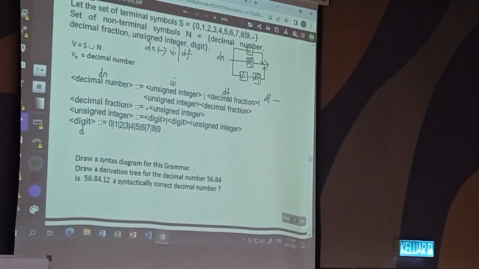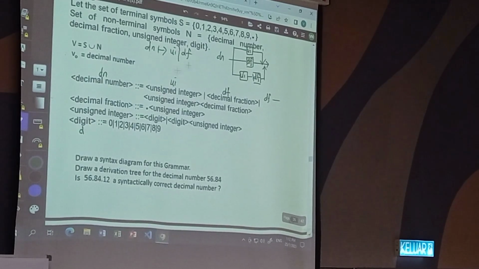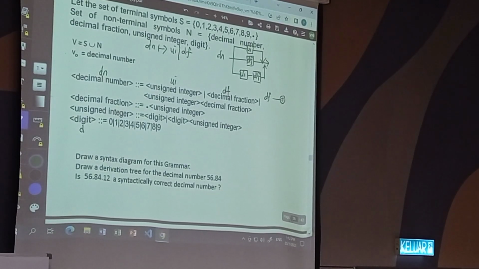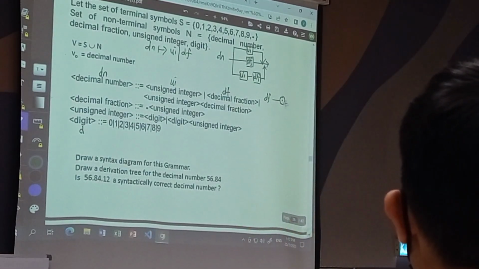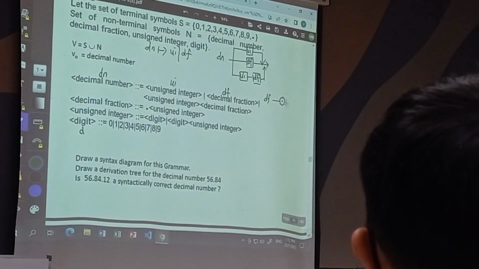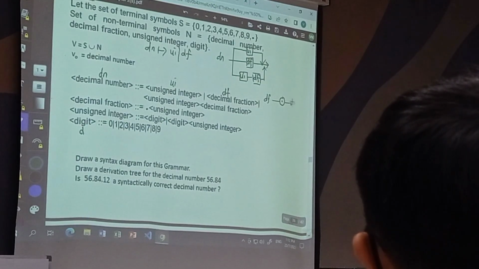Understand? So now decimal point is inside the S, right? So decimal point is a terminal. When you draw this, you need to put a circle, then followed by unsigned integer, rectangle.